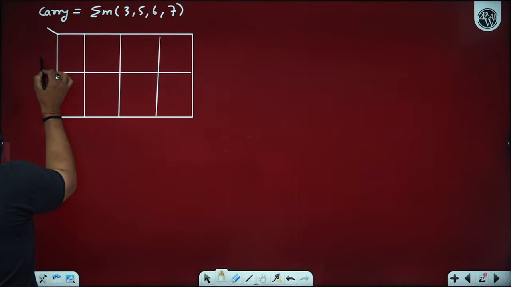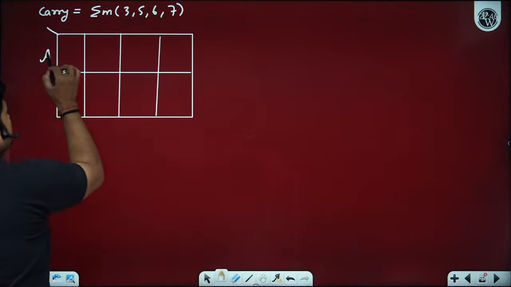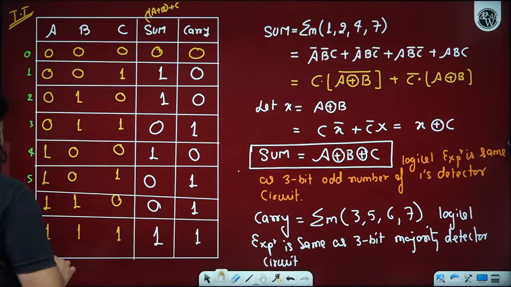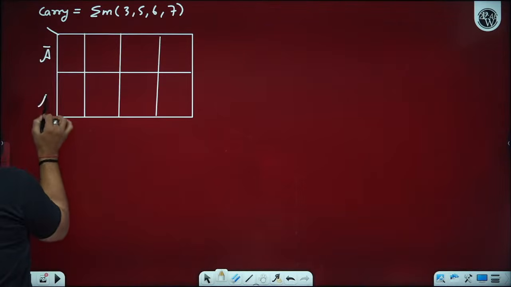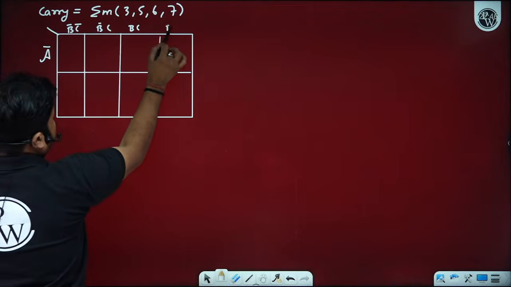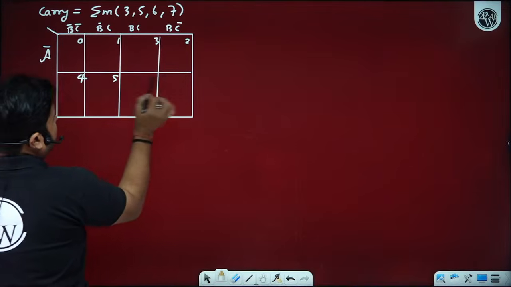Out of A, B, C, A is the MSB and C is the LSB for the numbers 3, 5, 6, 7. So keeping that in mind, we have A bar, A, B bar C bar, B bar C, B C, B C bar. Now we have the numbering 0 to 7. Where are we getting output logic high?